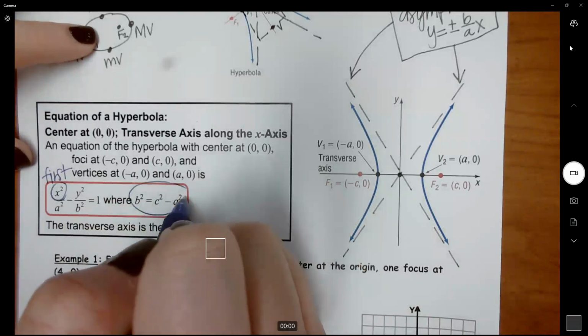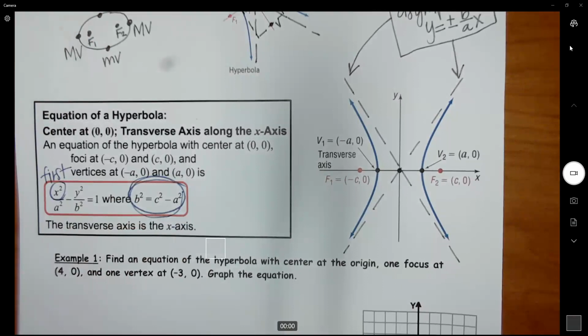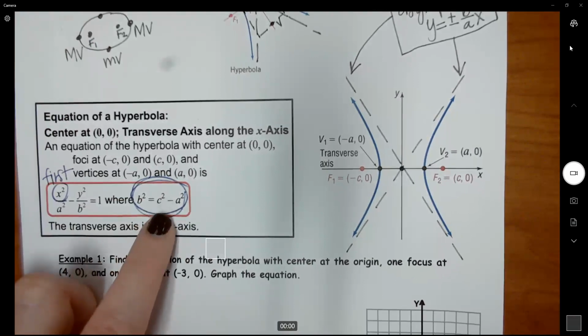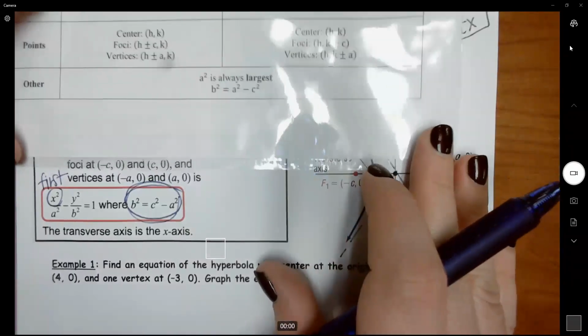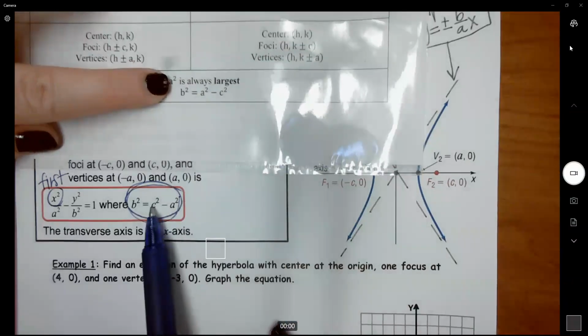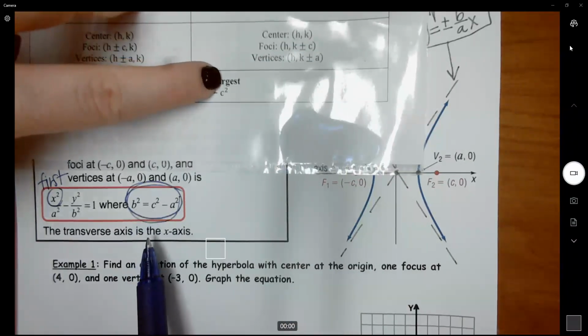Then we have a formula again. To find either my b or my c, we'll always have a. But to find my b or my c, this is different than my formula with ellipse. My formula with ellipse is b squared equals a squared minus c squared.